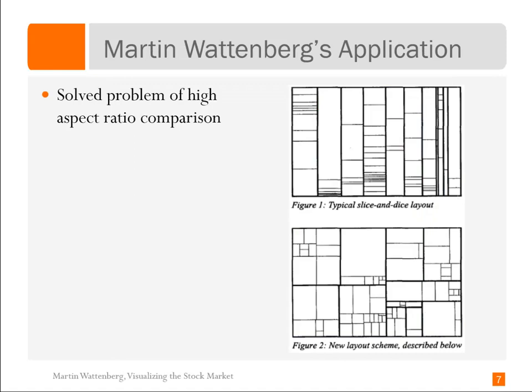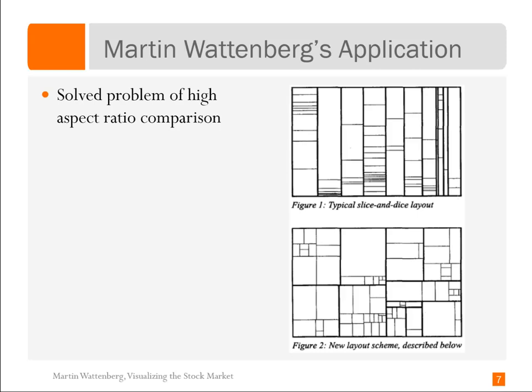And along came Martin Wattenberg, who worked on a particular application to solve one of the problems with the original definition of the tree map. That particular problem was the high aspect ratio comparison.